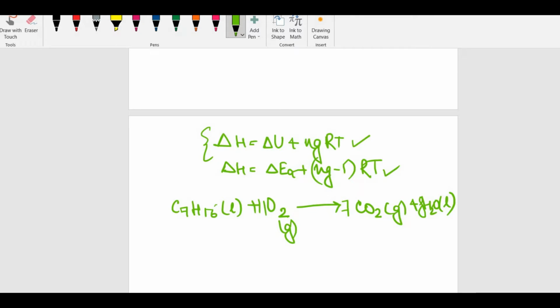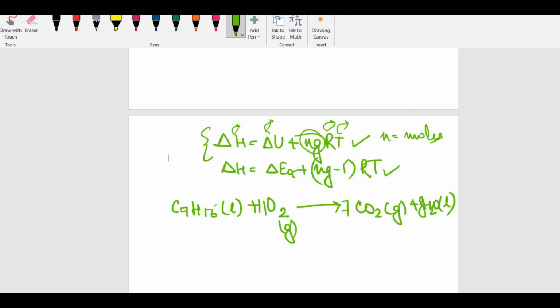Alright. Now, second question: in this equation, we have understood that this stands for enthalpy, this stands for internal energy, R is the universal gas constant, T is the temperature. Then what is this? N stands for moles. We have already used the alphabet N for calculation of moles right from the beginning of class 11.